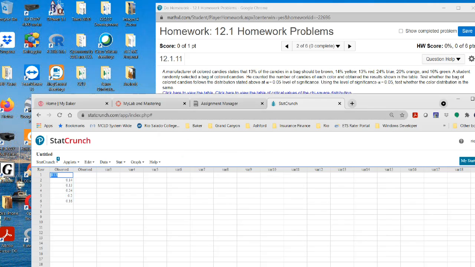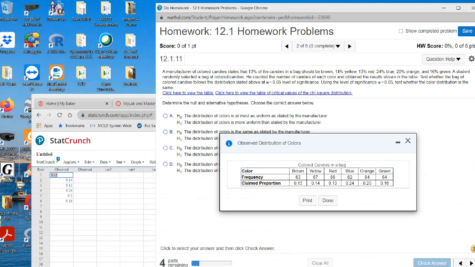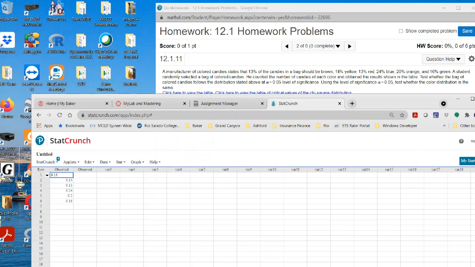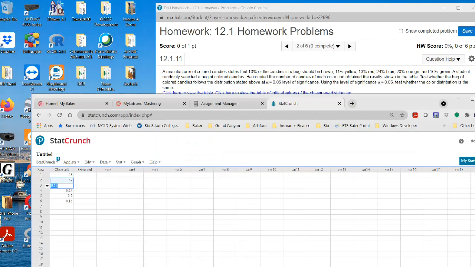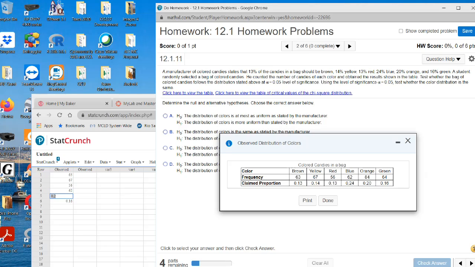And I'm going to just type in these numbers from the table: 63, 67, 56, 62, and then 84 and 64.